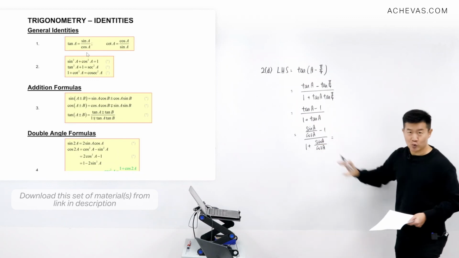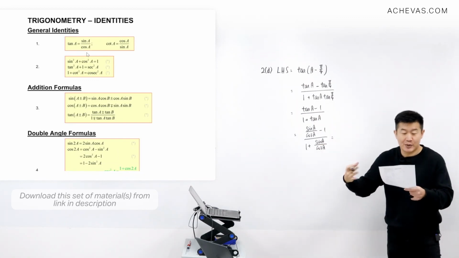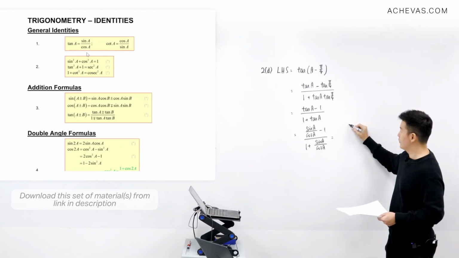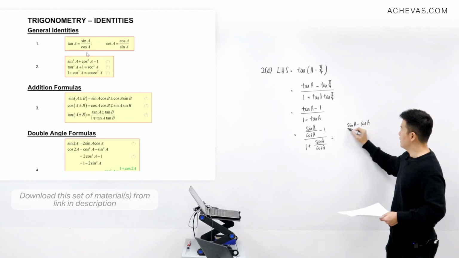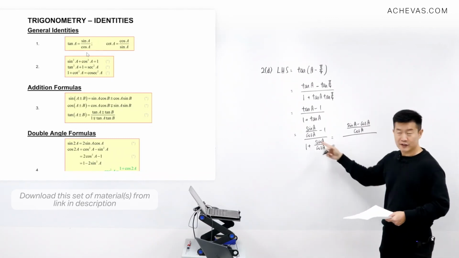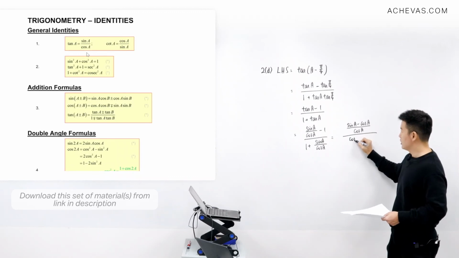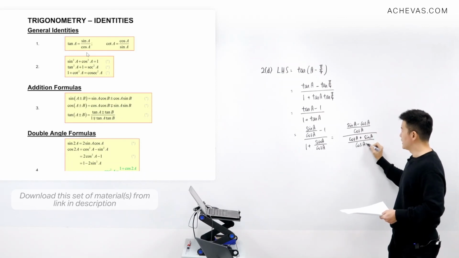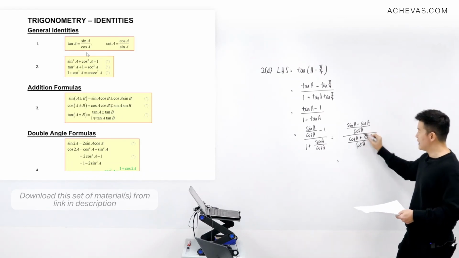And I'm going to make this into one single fraction because we already have similar experience in the previous part. So making this into one single fraction, we will have sine A minus cosine A divided by cosine A. And I'm going to do the same thing for this. It is going to be cosine A plus sine A divided by cosine A. So the denominator can be cancelled for both.